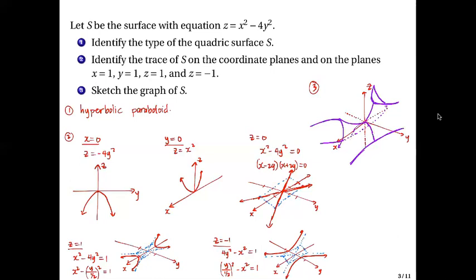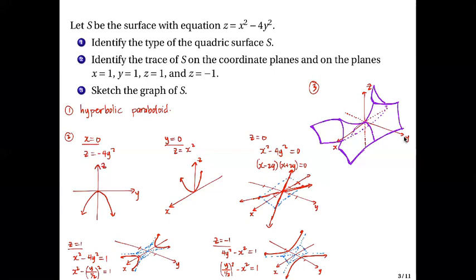And then for this one here, we will have something like this. And for this part here, this is connected to this one, and this one here, they are connected. Okay. Can you imagine the saddle?